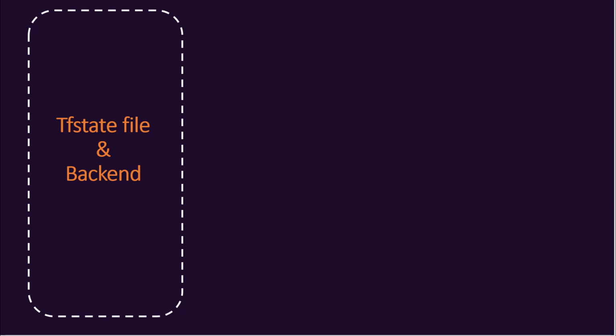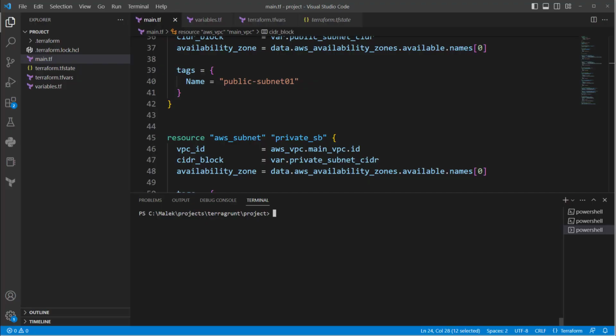Here I want to talk a little about the tfstate file and backend. Terraform must store a state about your managed infrastructure and configuration. So every time we run Terraform, it records information about what infrastructure it created in a Terraform state file.